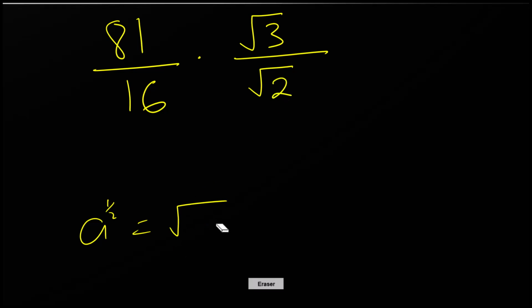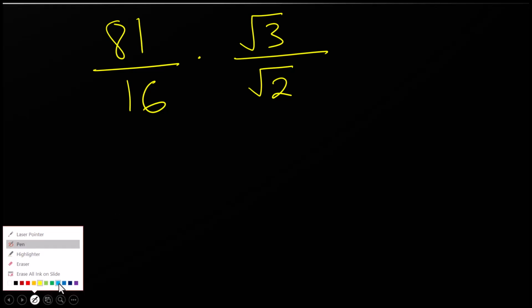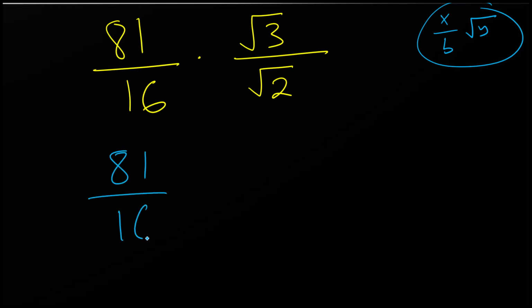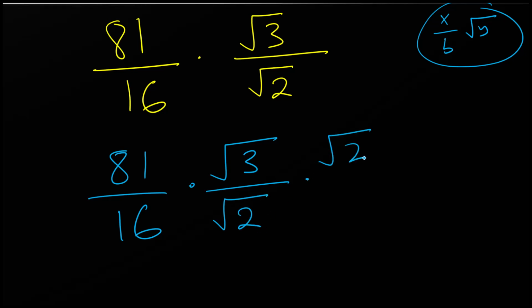Okay, so remember we are working towards something over that with that. Okay, so we are almost there. So 81/16 times root 3 over root 2. So let's rationalize this side, root 2 over root 2.